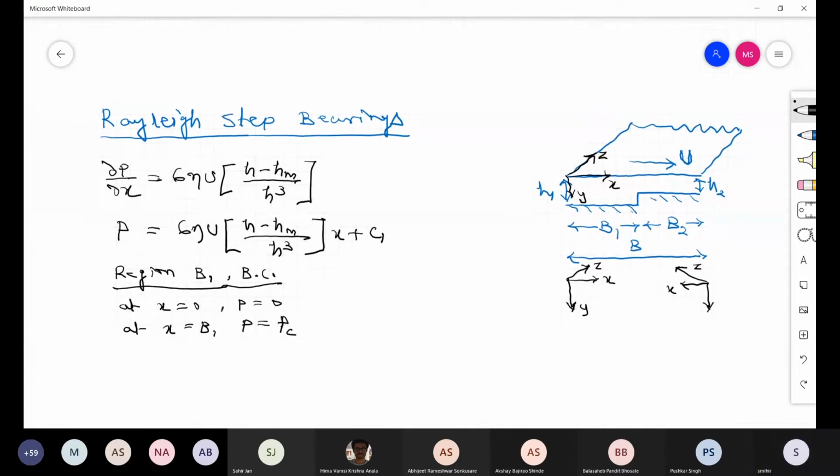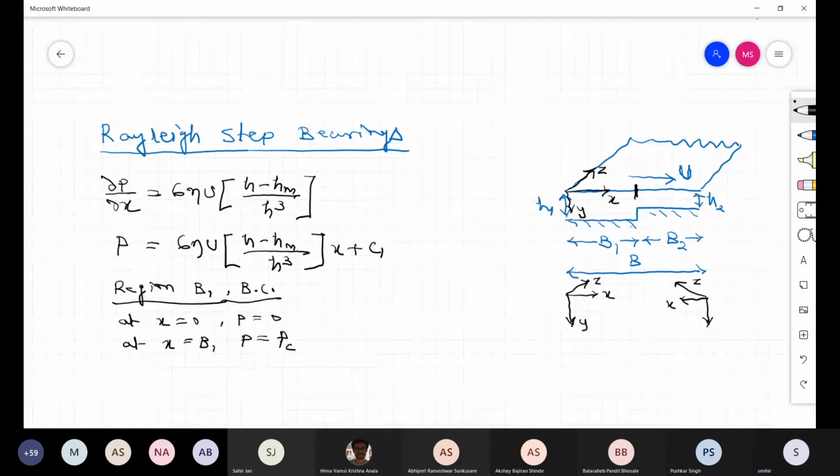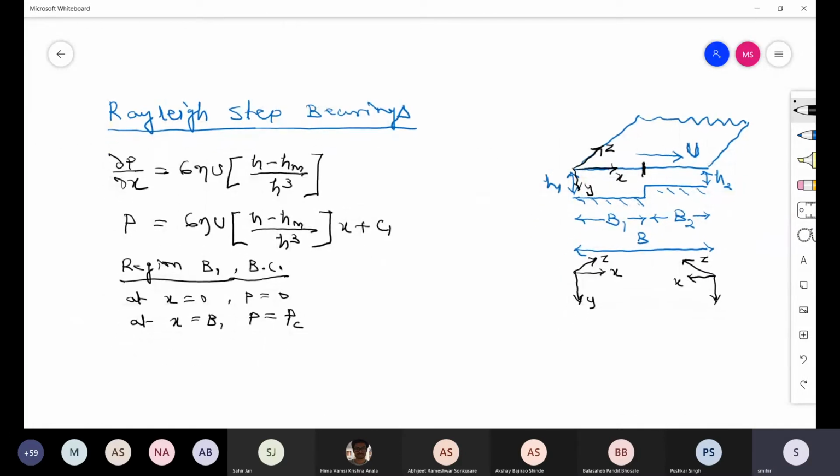That means at this region, some pressure Pc. If you use that, then you will get C1 equal to 0 and Pc is a constant.